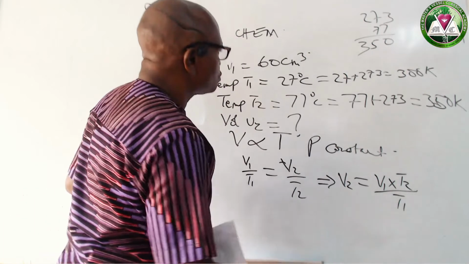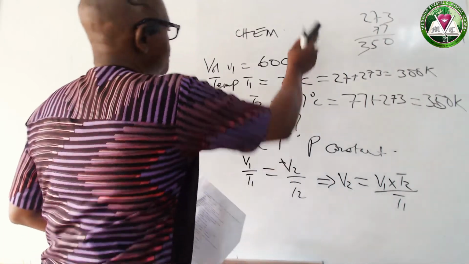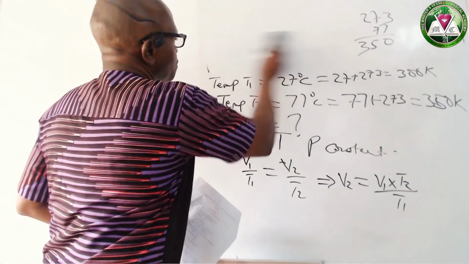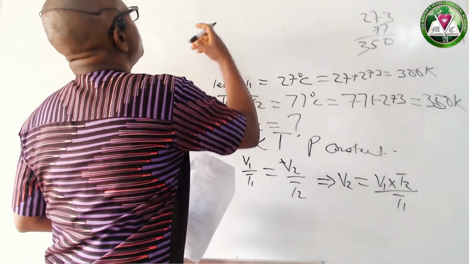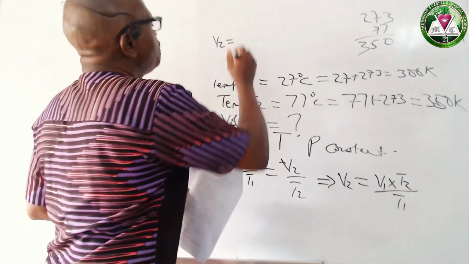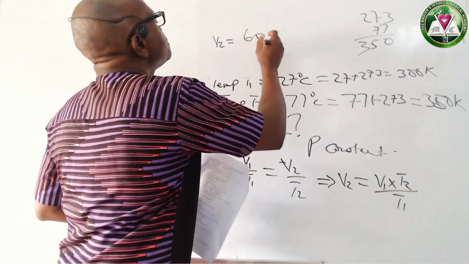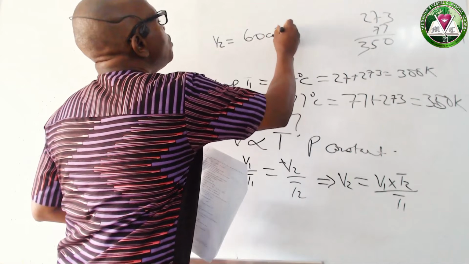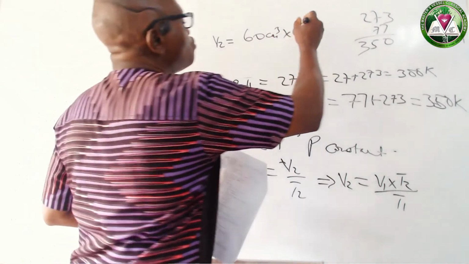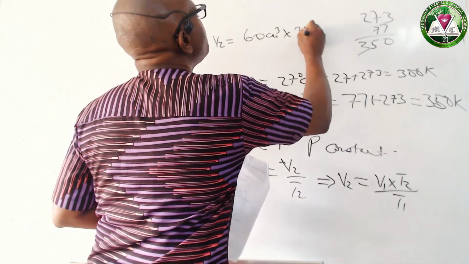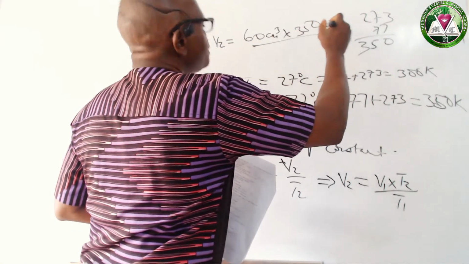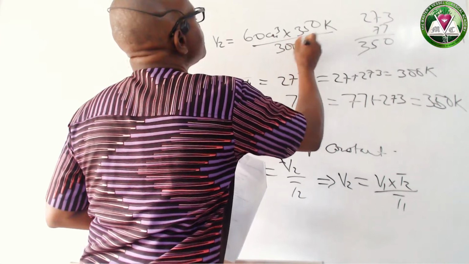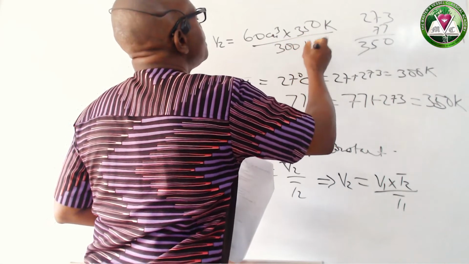We'll now substitute the values. V2 equals V1, which is 60 cm cube, multiplied by T2, which is 350 Kelvin, divided by T1, which is 300 Kelvin.